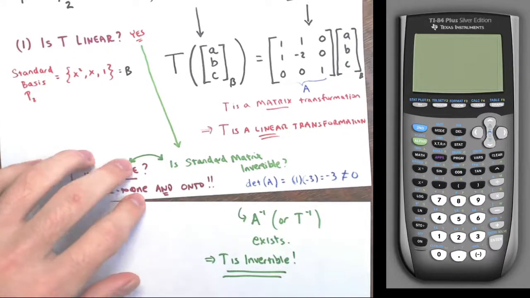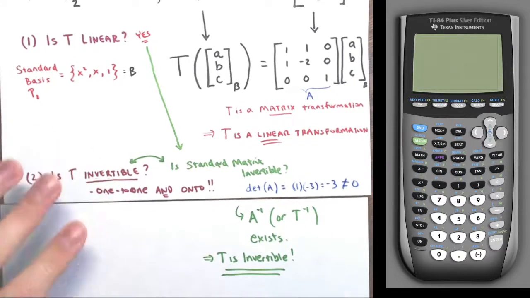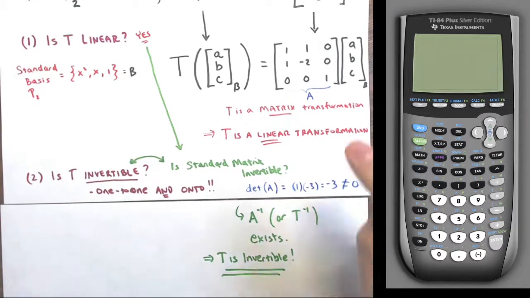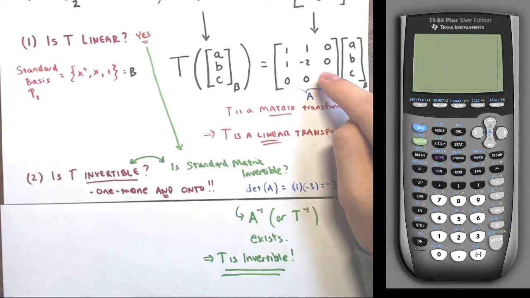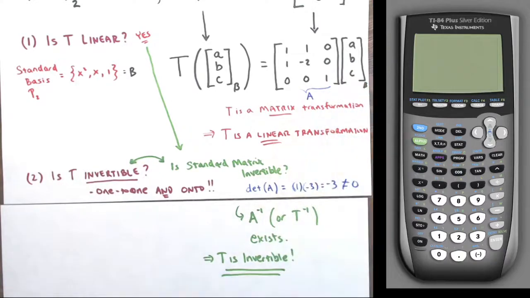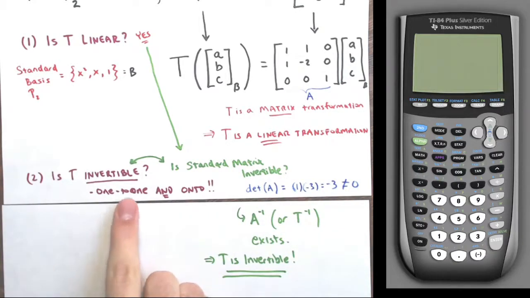Now, another way you could have done this was to take this matrix and put it in an echelon form, whether it be regular echelon form, row echelon form, or reduced echelon form. If all the columns were pivot columns, that implied you had one-to-one.